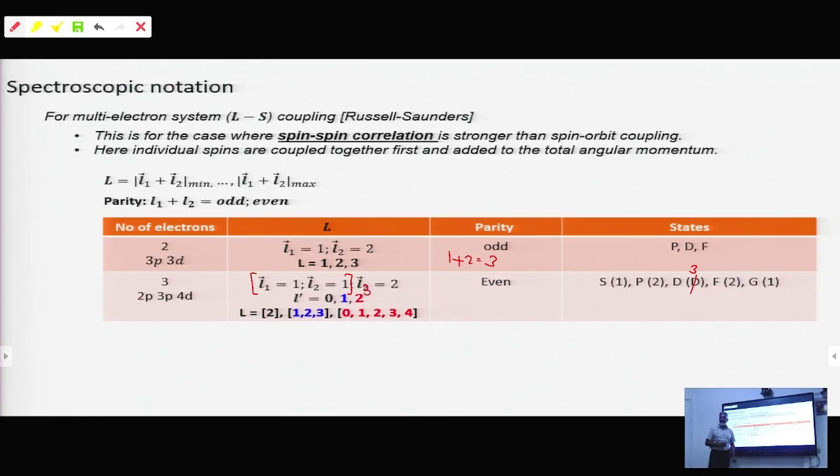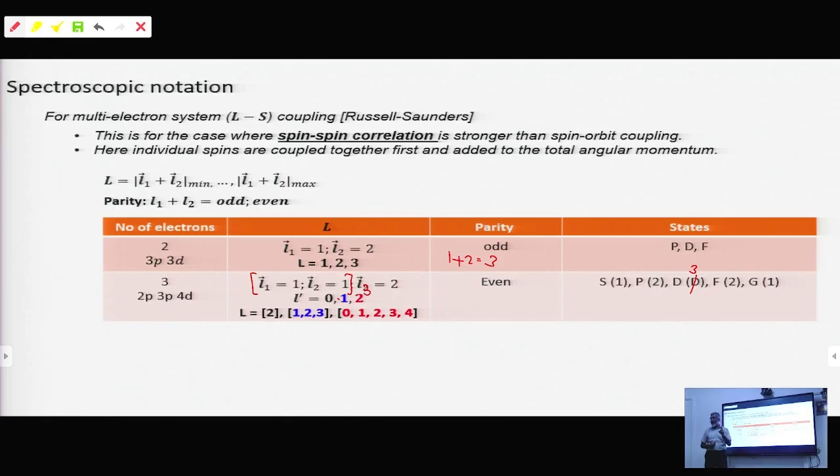First you need to combine these two. So 1 minus 1 is 0, so it can start from 0. And 1 plus 1 is 2, so it goes up to 2. So 0, 1, and 2. Then you need to combine with the third one. For 0, it is 0 minus 2 or 2 minus 0, which is 2.